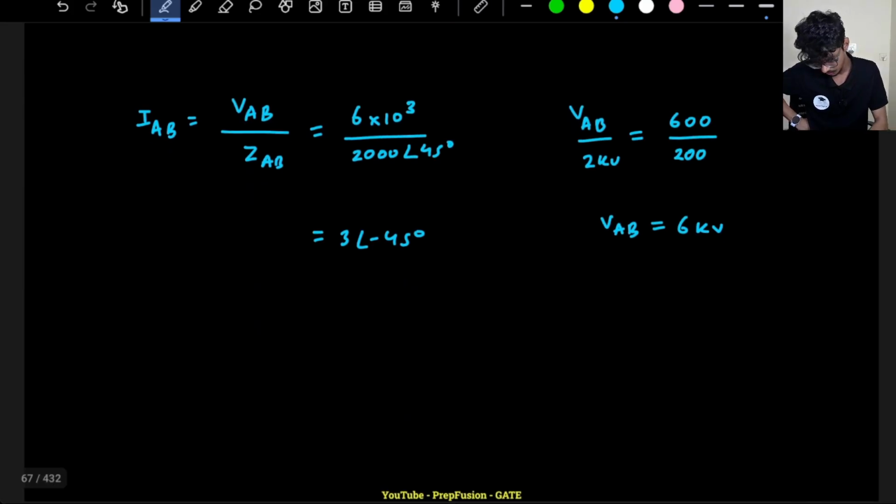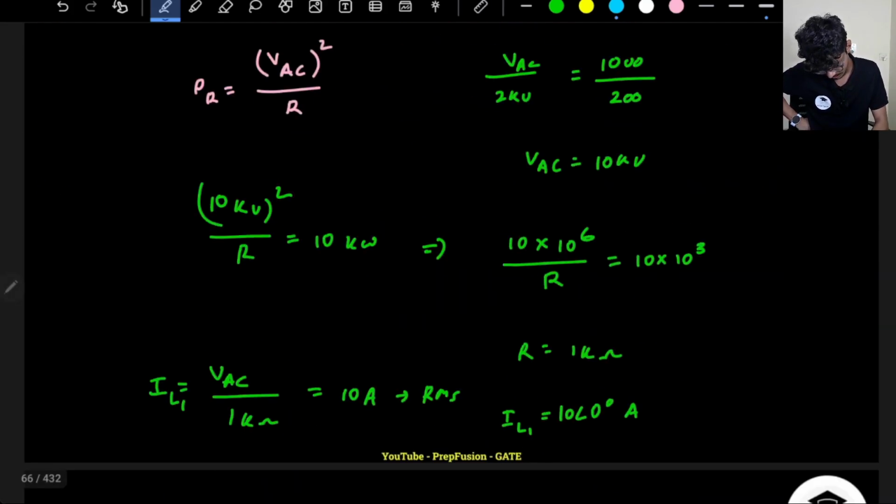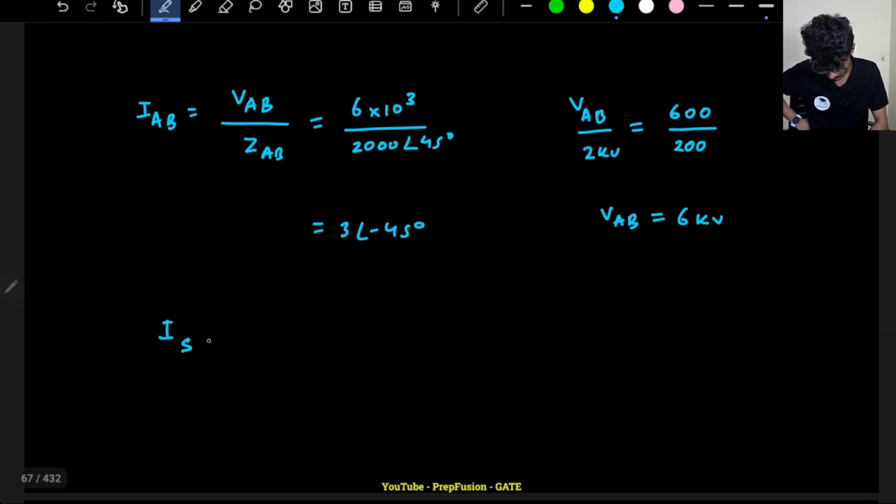Okay, so my I secondary, or my I2, whatever I have written here, I secondary or IS, will be equal to what? It will be IL1 plus IAB. IL1 was 10 angle 0. Remember, these are phasor quantities, you cannot simply add them algebraically.